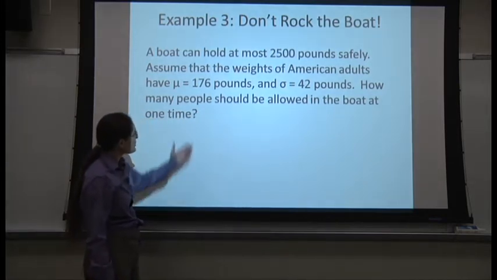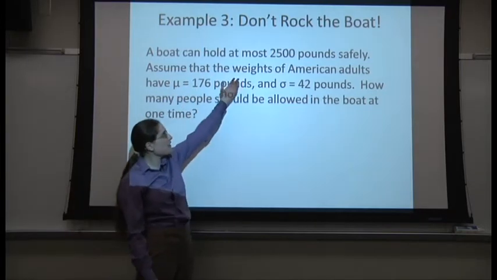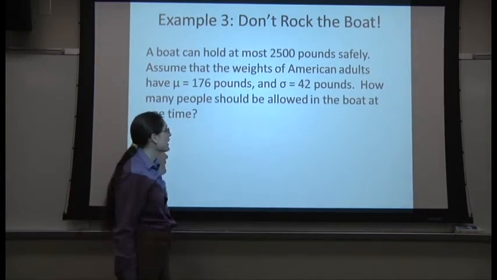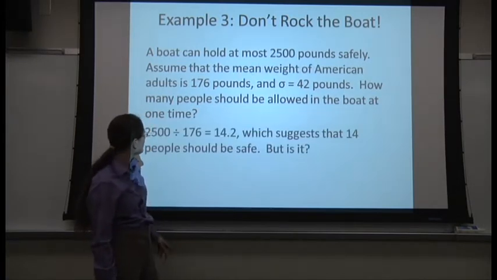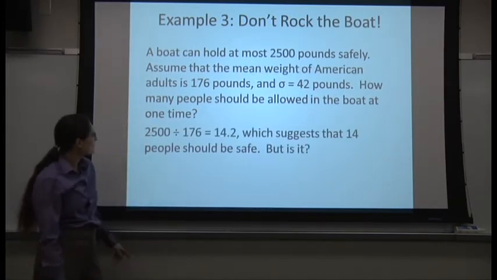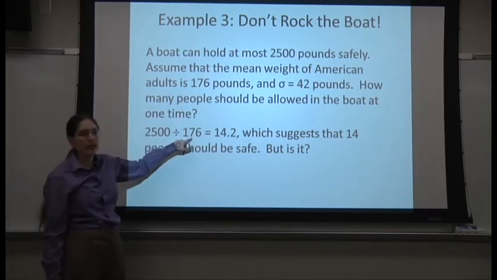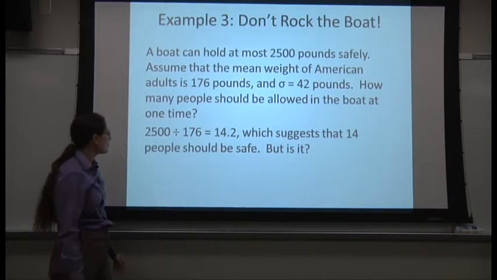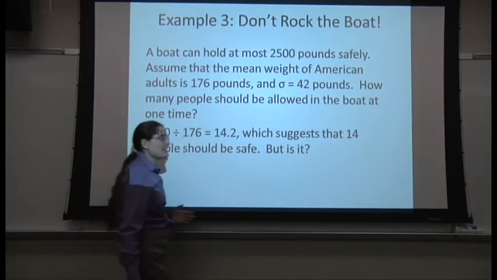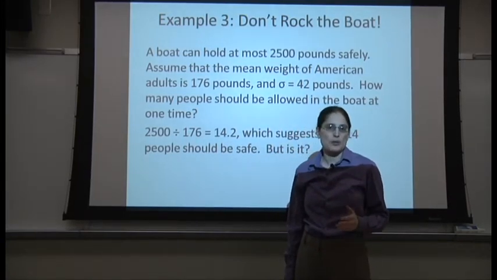Well, the first thing I would do is divide. If we got a whole bunch of people who are 176 pounds, how many can we fit on that boat? Well, the maximum weight divided by 176 pounds per person is 14.2. So that suggests that 14 people should be safe on this boat.